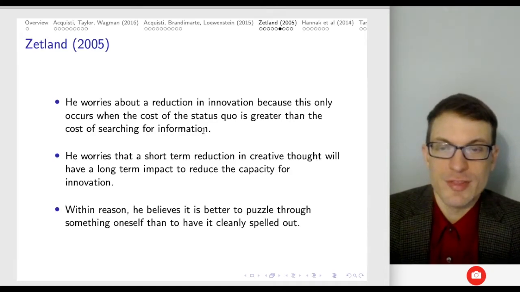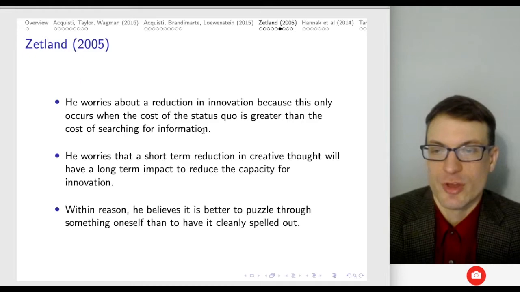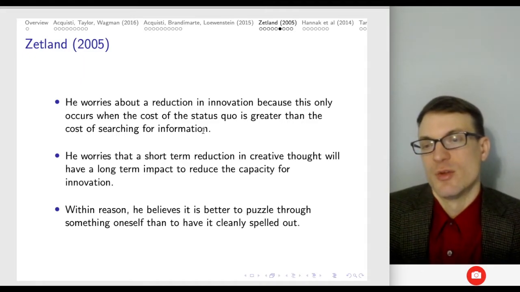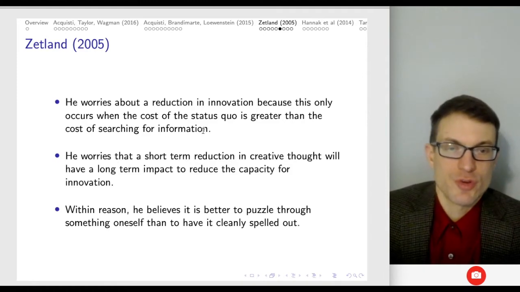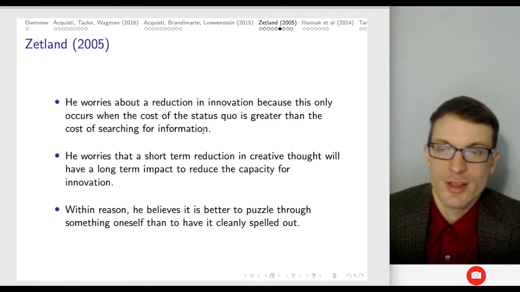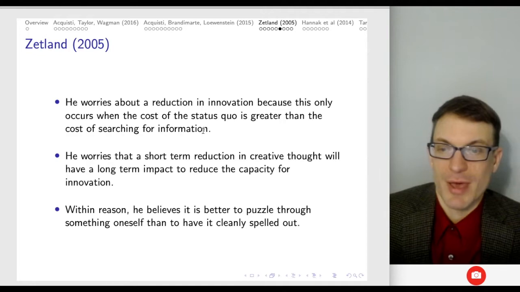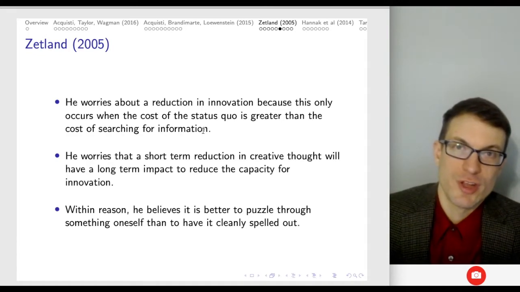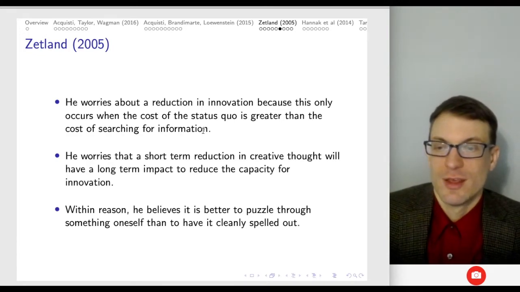All right, so Zetlin then worries about a reduction in innovation because we only get innovation in the case where the cost of the status quo is greater than the cost of searching for information. And he worries that there'll be a short-term reduction in creative thought, having a really long-term impact on the capacity to innovate.